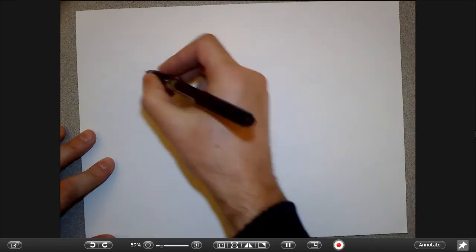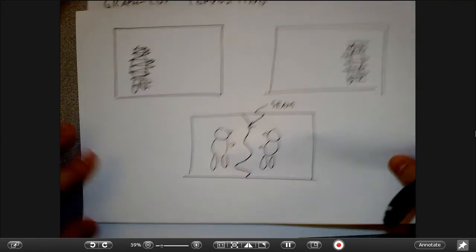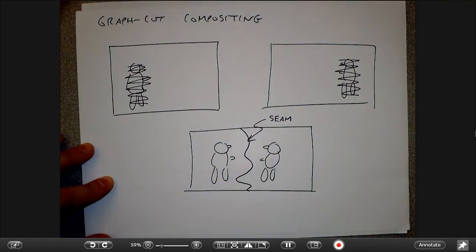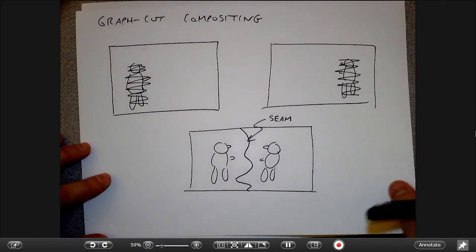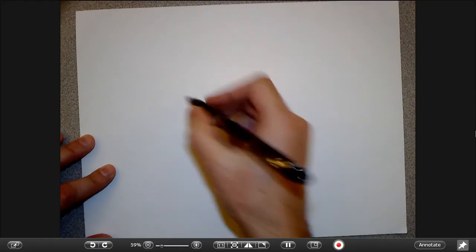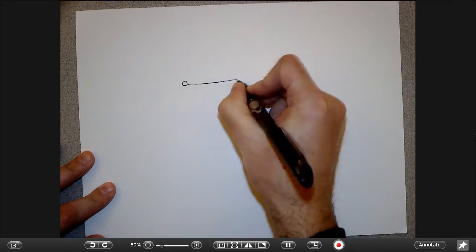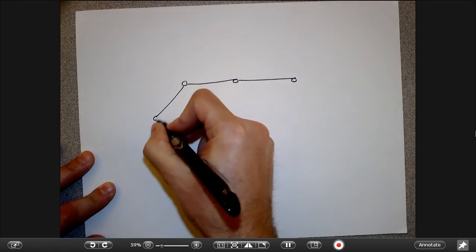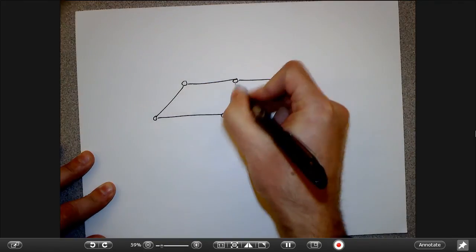Let's suppose that I take my picture here and I turn it into a graph, okay? So again, the setup is going to be very similar to the graph problem that we showed before. This time I'm going to be smarter and not draw so many nodes.